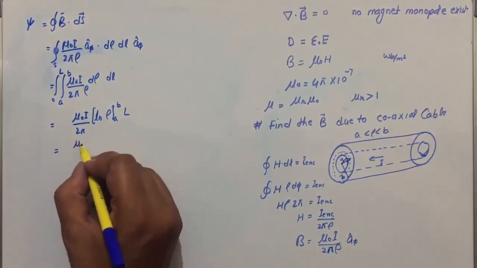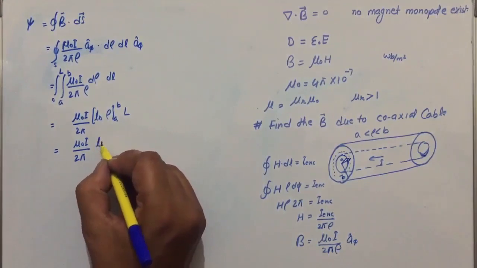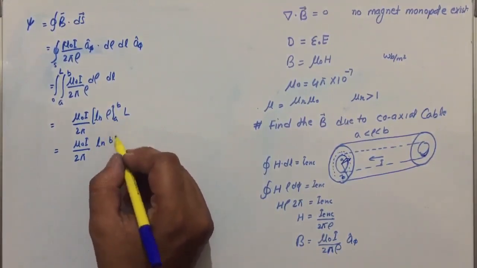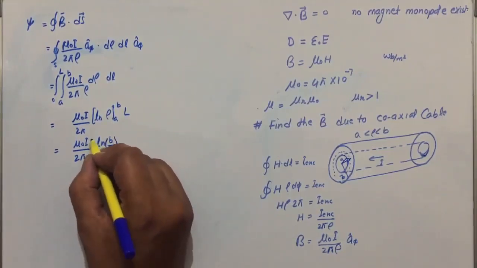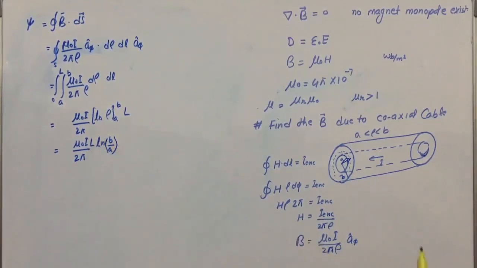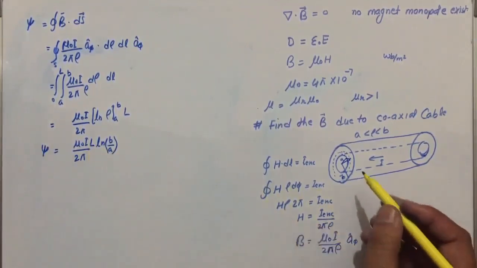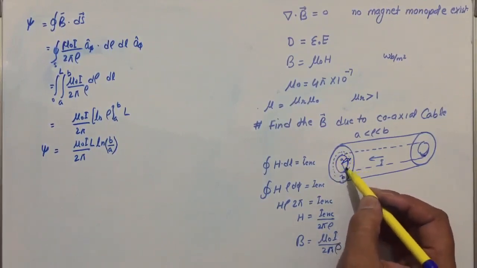After simplification we have mu naught I over 2 pi times natural log B minus log A, so it will be natural log of B by A, times the length of the conductor. So this is the total flux through the path which includes the current I.